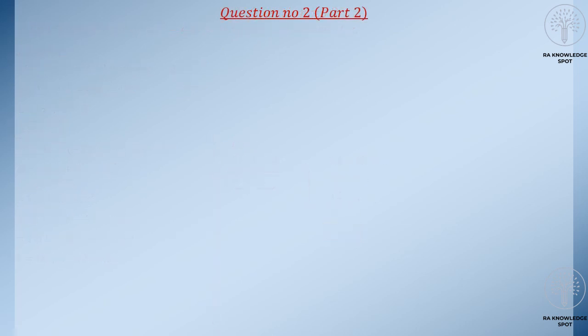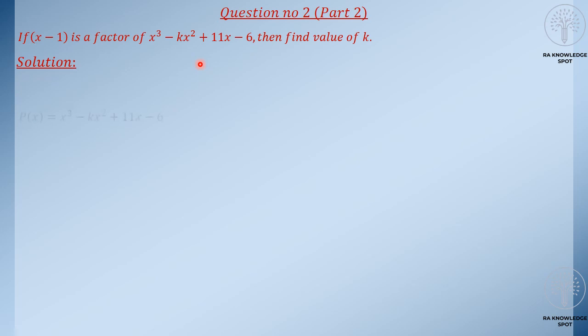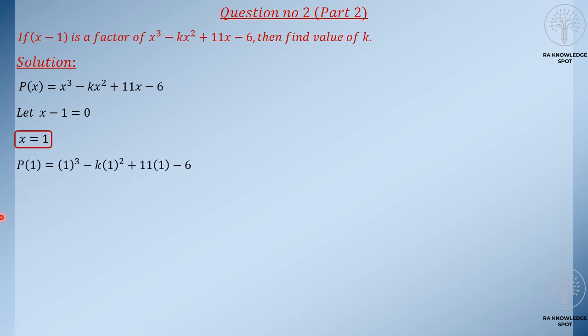So this was the whole concept about this question. Now the next part: there are two parts of this question. Here is the same question, but what is the difference? In the previous question there were values, and in this question there is a value. This is your polynomial. What you have to insert here, this one is the divisor, this positive one. Again you write the polynomial and replace x with 1.